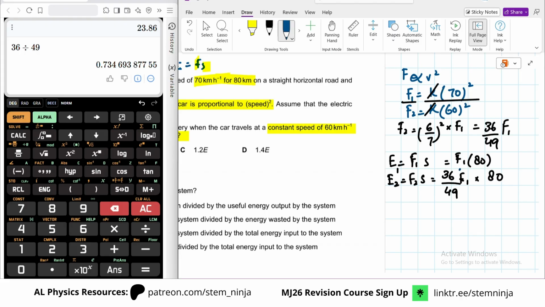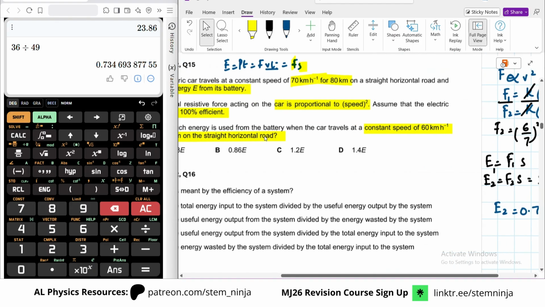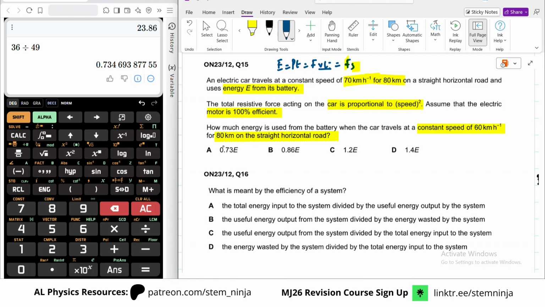So you see F1 times 80 is your E1, or E in this case. 36 over 49, that is 0.73. So your energy 2 is actually 0.73 of E, or 0.73 times what we had previously. So A is the answer.